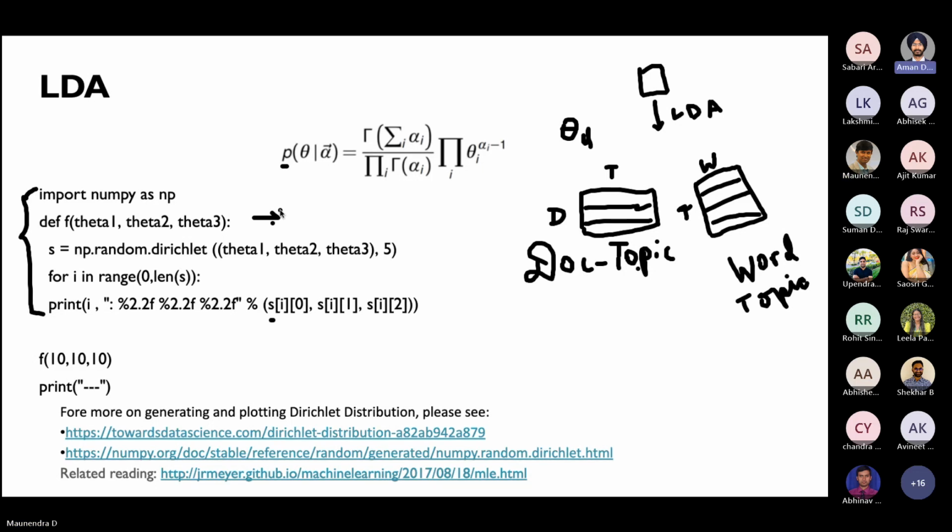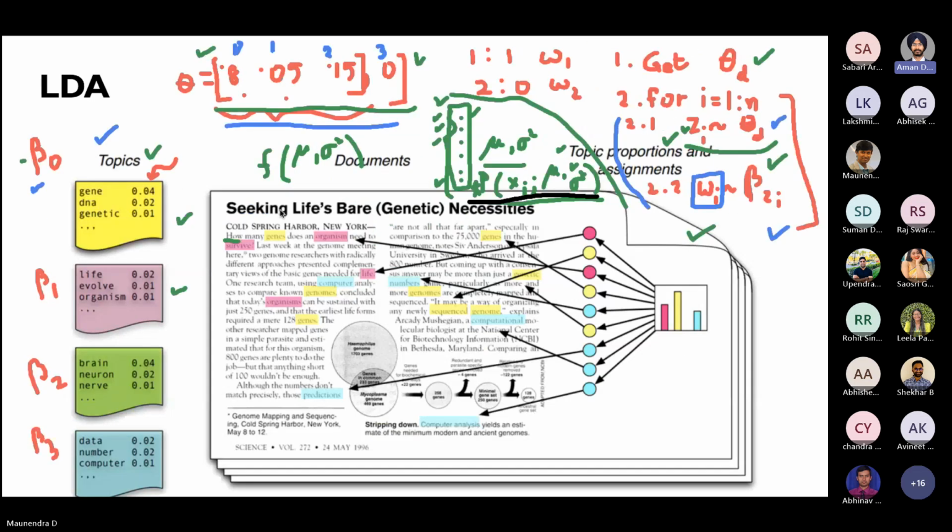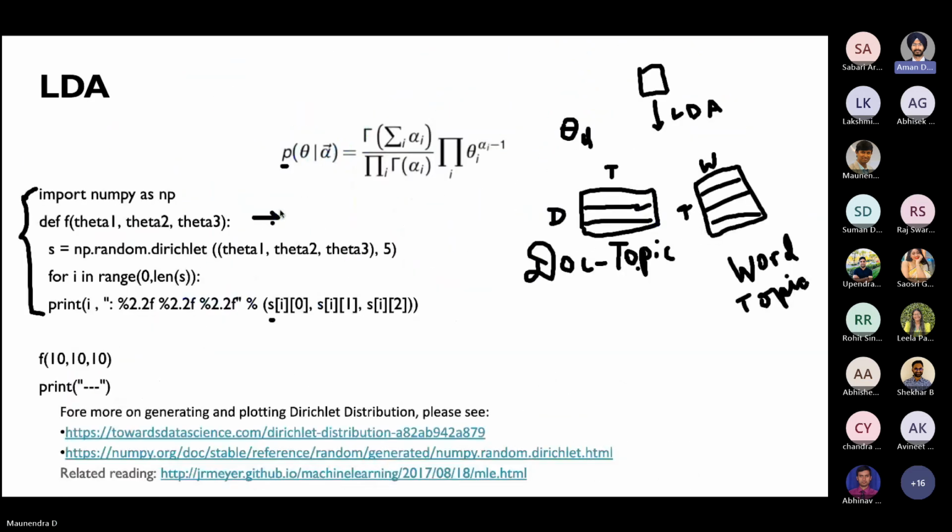Got it, sir. But we just spoke about that theta d is a distribution of the topics per document. So it's like doc topic. So the number of documents, those many thetas. So in a way, we'll get those many thetas as the output, right? Theta1, theta2, theta3 means 3 documents, and together we'll get a single theta matrix.